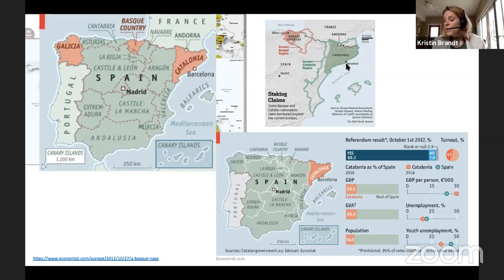We know that in 2017, there was a vote for independence in Catalonia, and Spain says no, the vote was not enough to create an independent state. But you can see even in a developed country such as Spain, that sometimes there's some conflict as well.